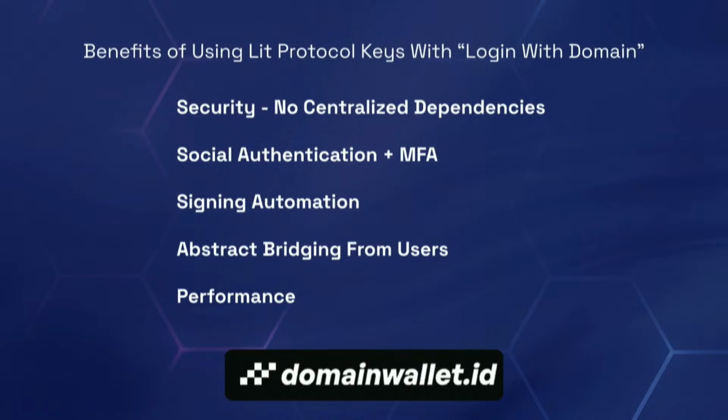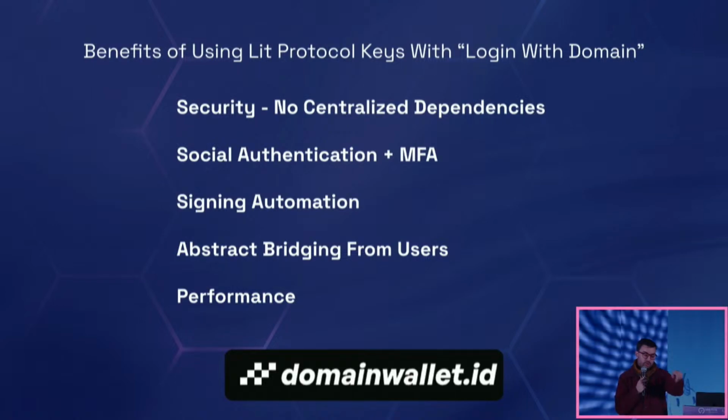Social authentication, multi-factor authentication. One of the other really interesting benefits around having the key material live inside of a network is being able to add all kinds of automation. So there's an application called Telefriends, which is an in-Telegram wallet app where users can opt into automated copy trading, where they can say, I want the balance of my wallet to look exactly like this wallet, and they can be totally no human in the loop.